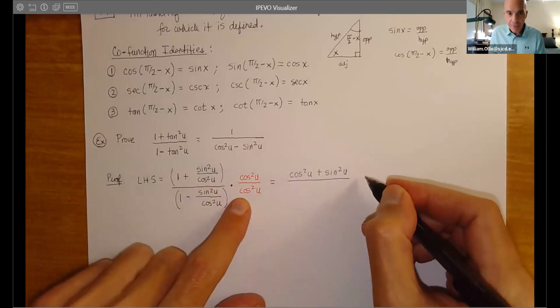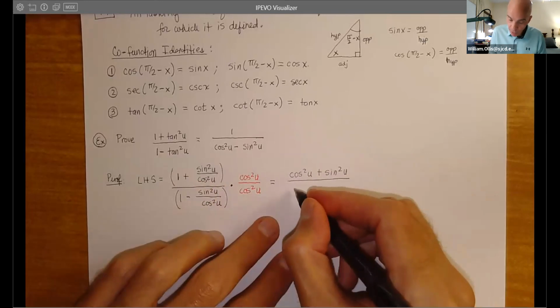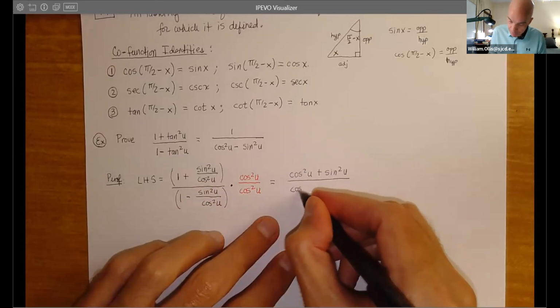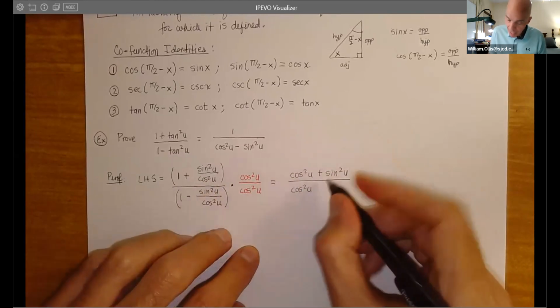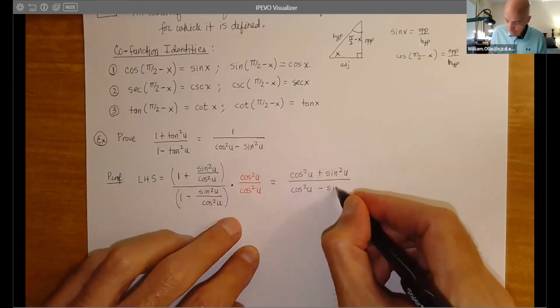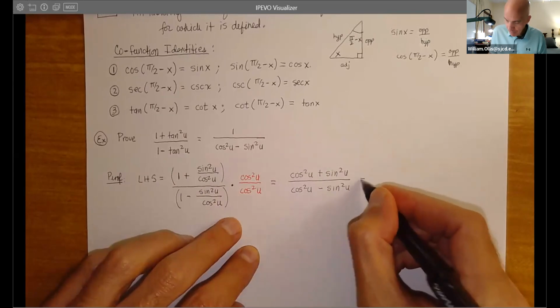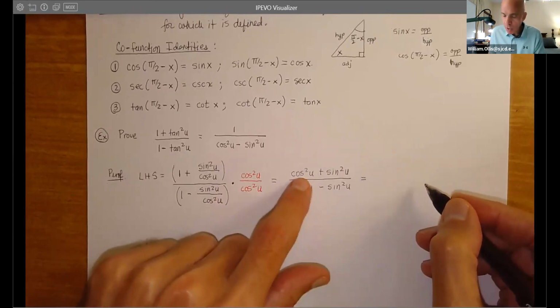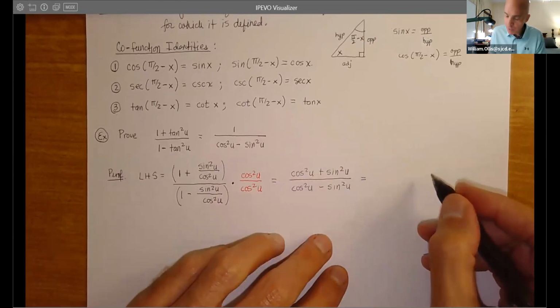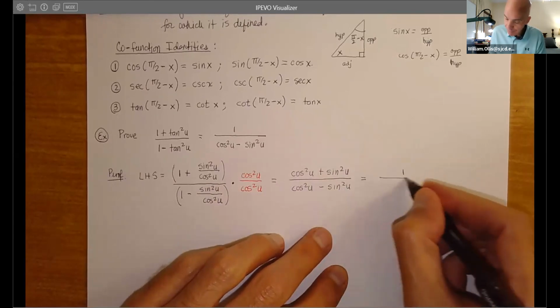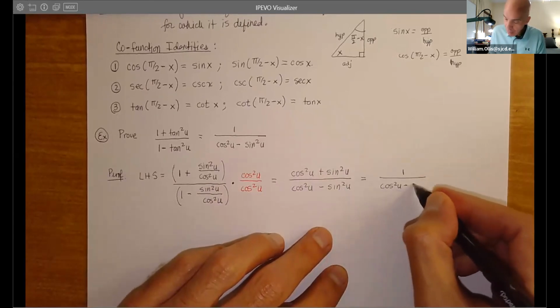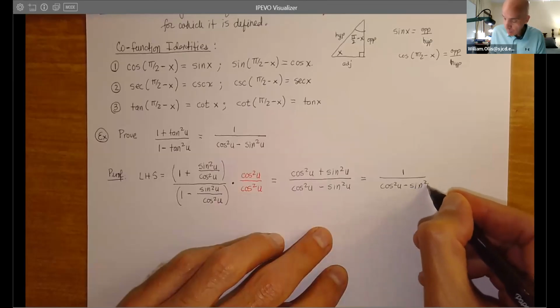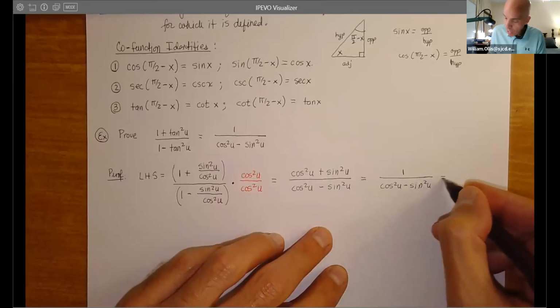Here, I'll do the same thing. I'll get a cosine squared. And then the cosine squared is absorbed, and I get minus sine squared. So this is pretty easy. Now we know cosine squared plus sine squared is the fundamental identity. That's just one. So we get one over cosine squared u minus sine squared. And this is the right-hand side.